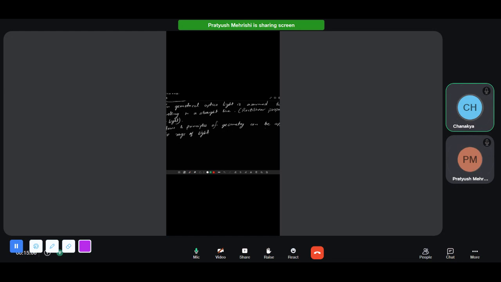Here we can apply the geometrical principles and can explain laws of reflection, refraction, and total internal reflection, TIR, etc. All these things can be explained geometrically, and other phenomena as well.